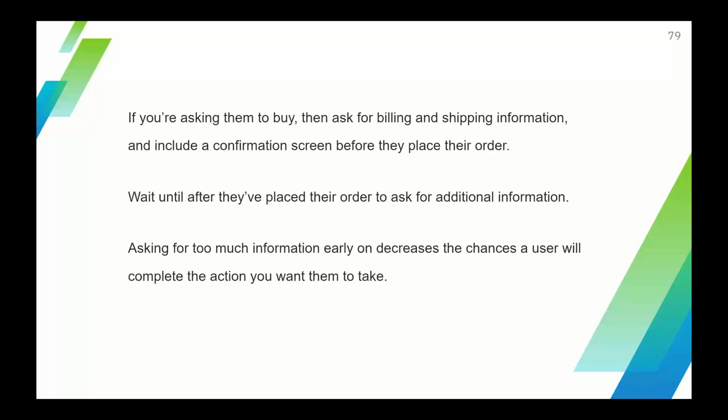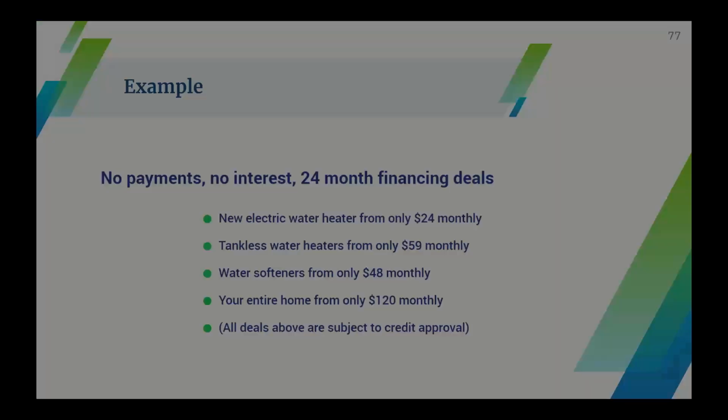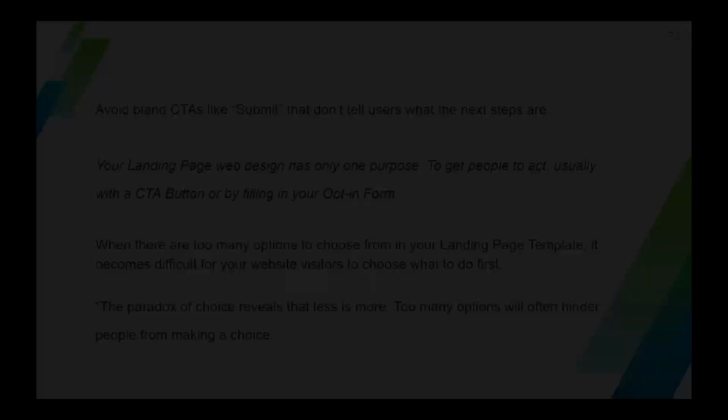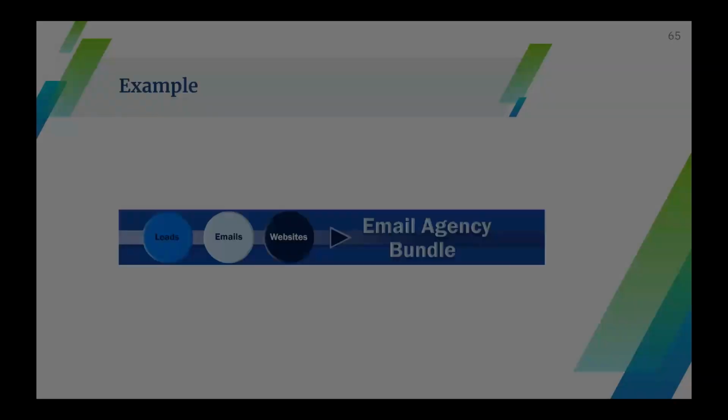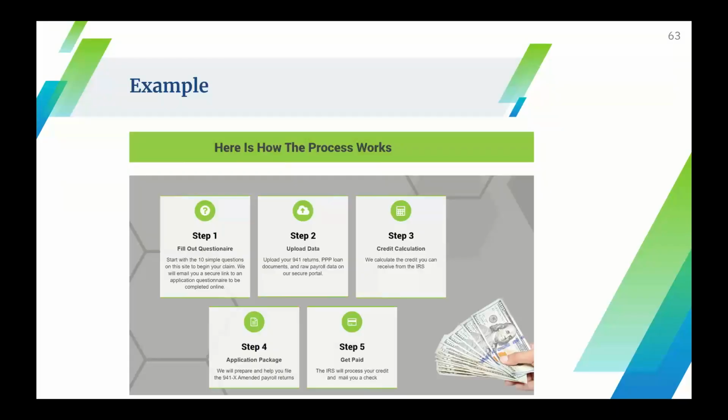So you see the ERC program? Here's the next steps. Here's actually what I was referring to. Okay, step 1, fill out the questionnaire. Step 2, upload the data. I don't ask for step 2 before they place the order, correct?